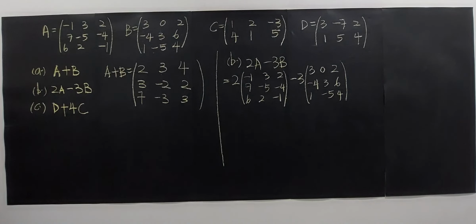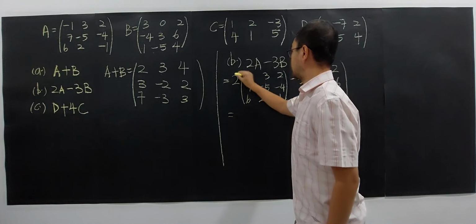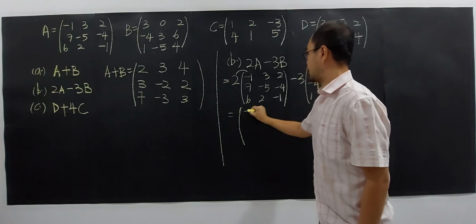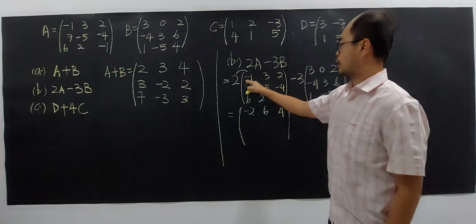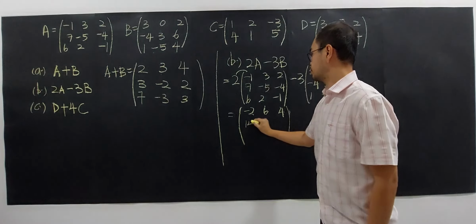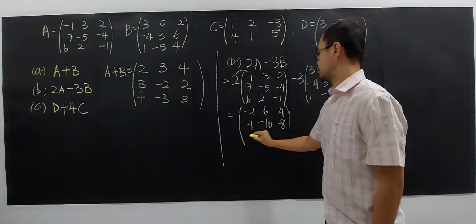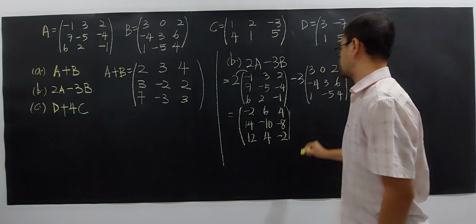From this matrix, we have to do scalar multiplication. First I do scalar multiplication for each entry. Multiply every entry of A by 2, so you will have -2, 6, 4, 14, -10, -8, 12, 4, -2.